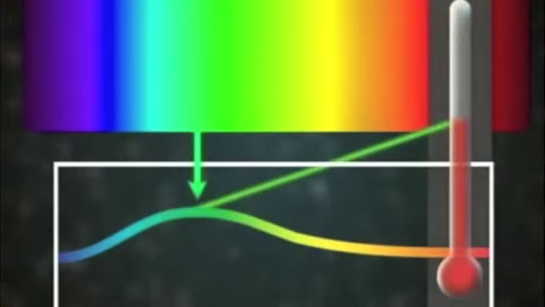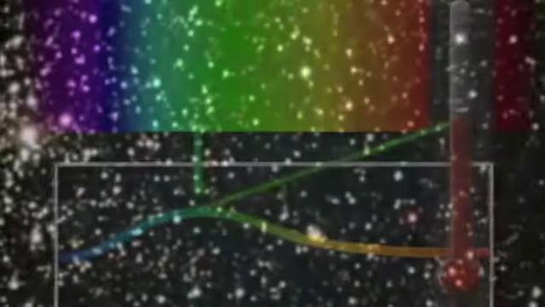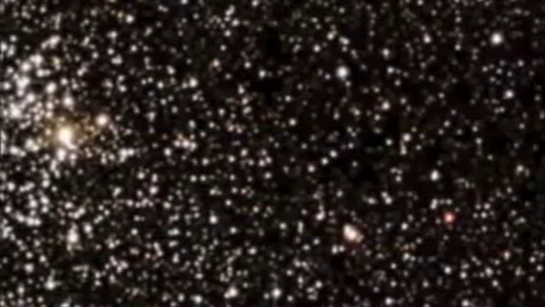The peak or brightest color of the spectrum indicates the temperature of the object. The value of the continuous spectrum to astronomers is that it easily reveals an approximate temperature of a dense gas. However, unlike the emission line spectrum, it does not reveal the composition of that gas.